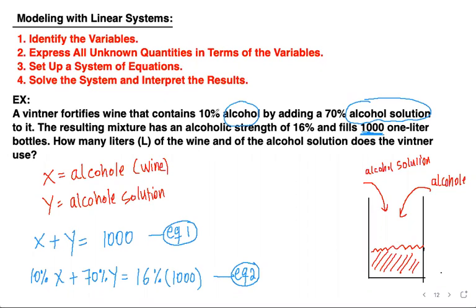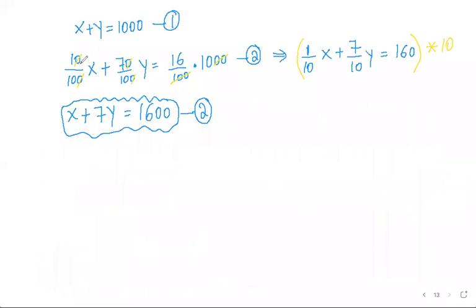After he adds something, I get 10% of alcohol: 10% times x plus 70% of alcohol solution equals 16% of all the mixture, 1000. For the second step, I make the equation nicer. I divide by 100, since 10% means 10 over 100. Then I simplify, so I get the second equation like this. My first equation is this one, my second equation is this one.